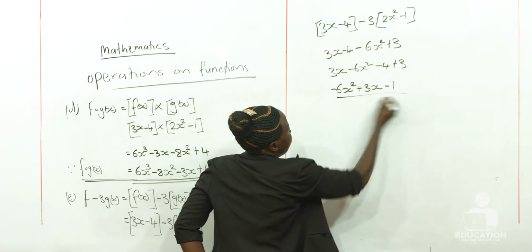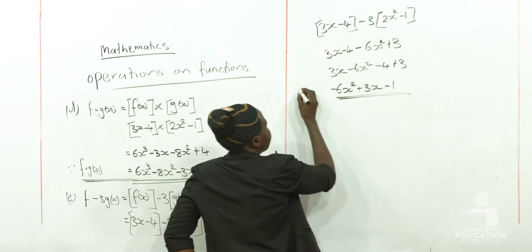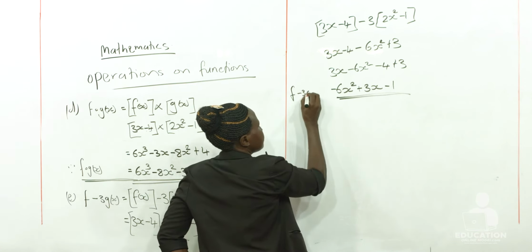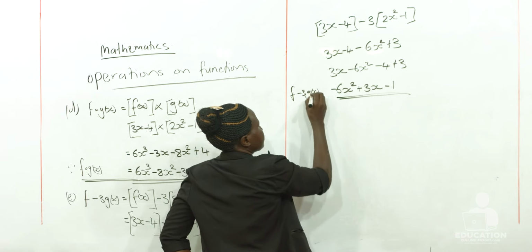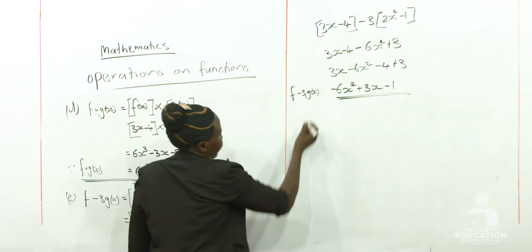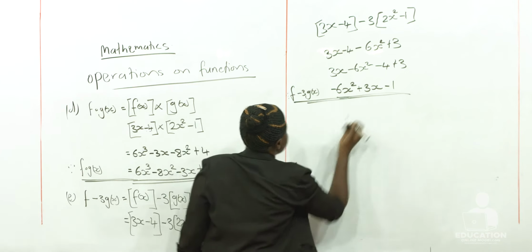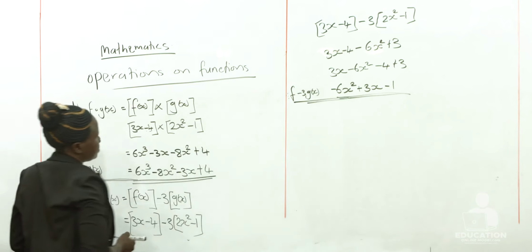So this will give our answer for part e, which is f minus 3g of x. So learners, that is how you play with the operations on functions.